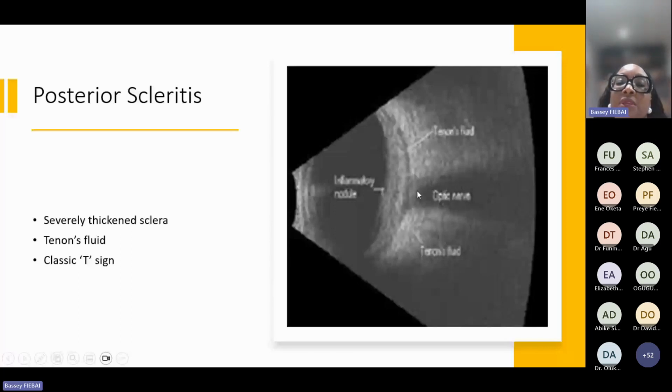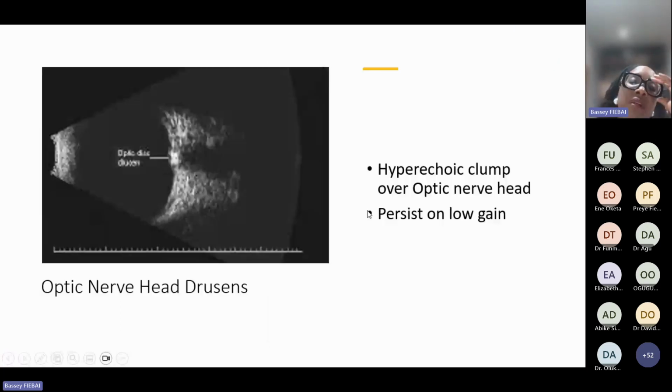This is your optic nerve, so it gives a T sign, with the leg of the T being the optic nerve. And I think the last one we have is optic disc drusen, where you have a hyperechoic lesion here that persists on low gain. Even when you reduce your gain to the minimum, you will still see the echoes persist.